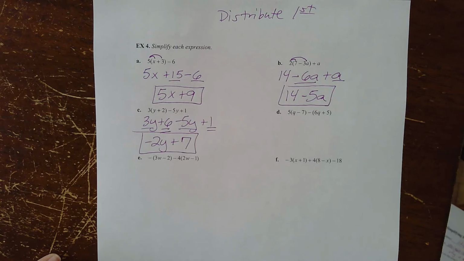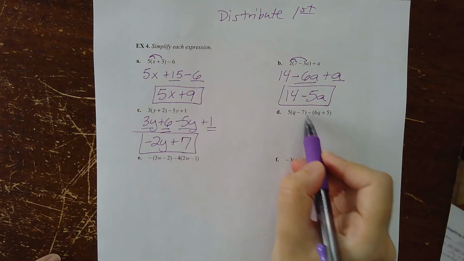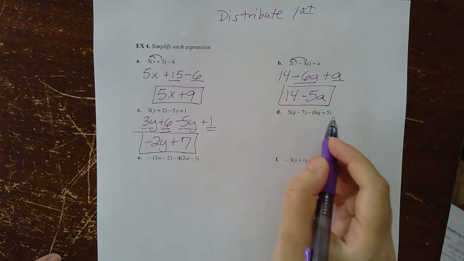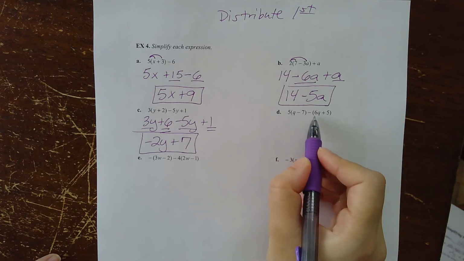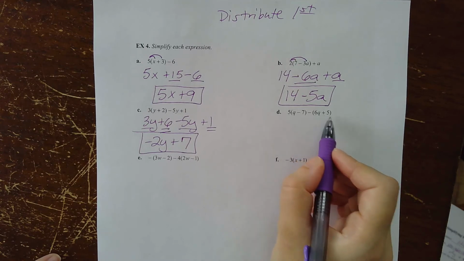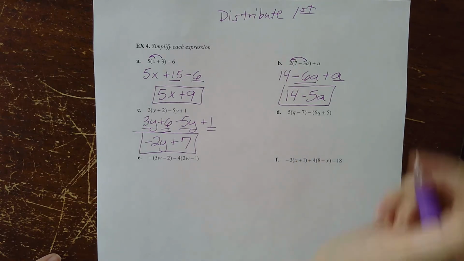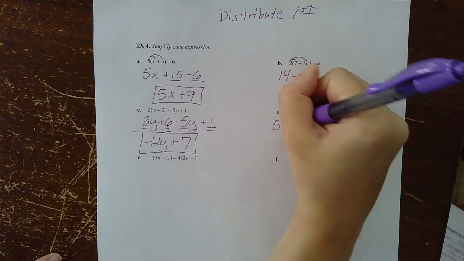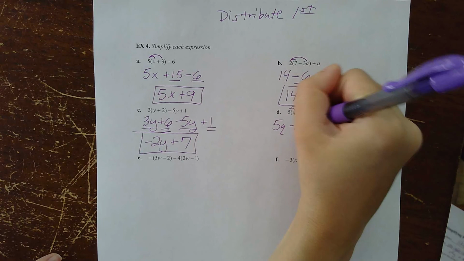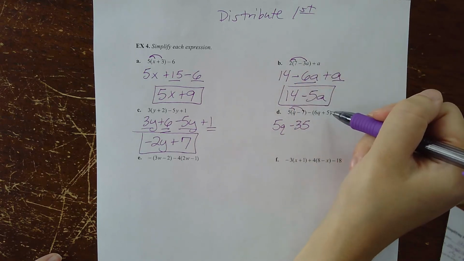Okay. D is an interesting one because we have a minus with a parenthesis, so that's going to be fun. So I have 5 times (q minus 7) minus parenthesis 6q plus 5. So let's distribute first. So if I distribute the 5, that'll be 5q minus 35. When you have minus with a parenthesis, it means that you're subtracting everything in it.